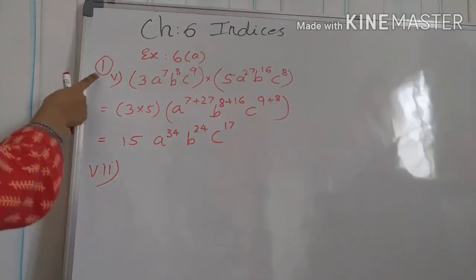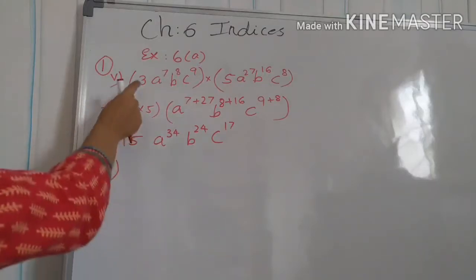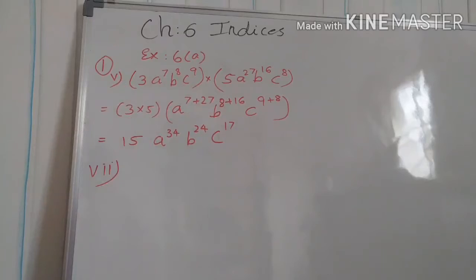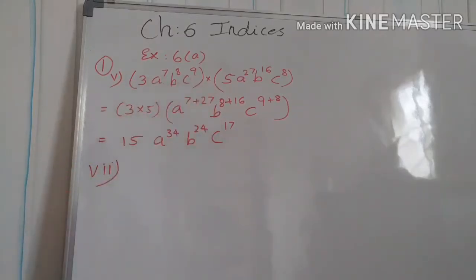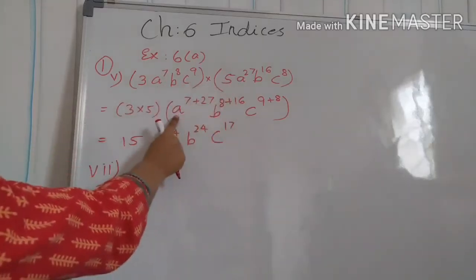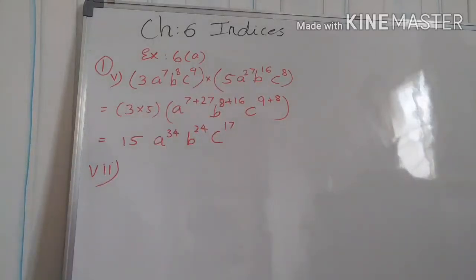Students, I have solved question number 1, 5 number, Exercise 6A. I am explaining that here there are numerical coefficients which I have taken in one bracket, and using our law of exponents, the first law, in which the bases are similar, we can add the powers. So I have added the powers.